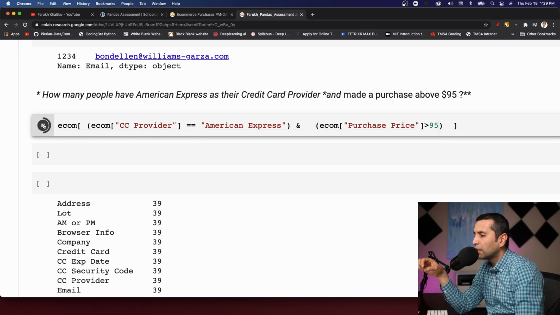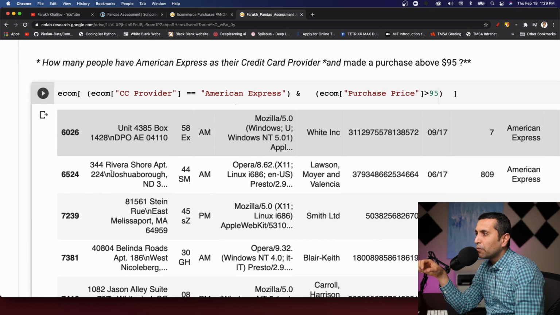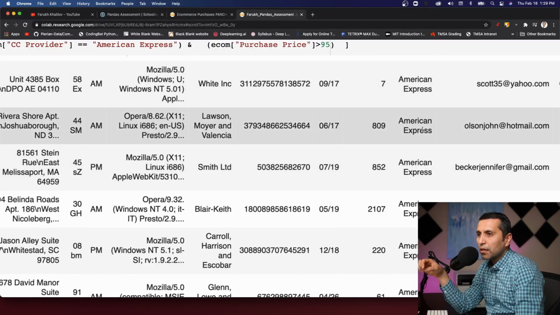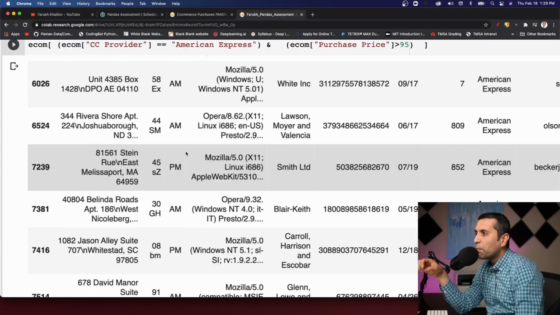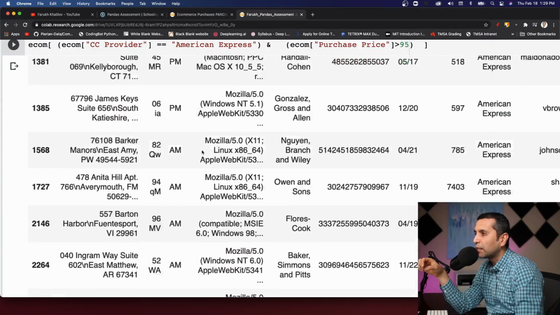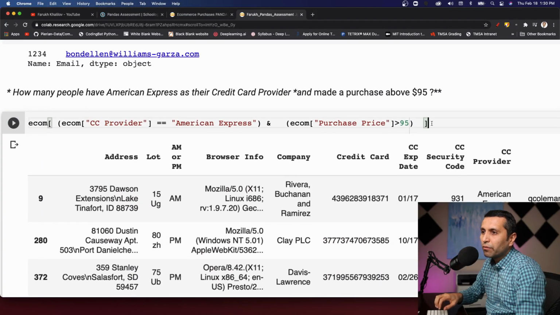Let me run it, and perfect. Now you see, I can see all the American Express users who made purchases of more than $95. Let's go back to my question, and it says how many. They don't want to see this entire data, so at the very end I put count.